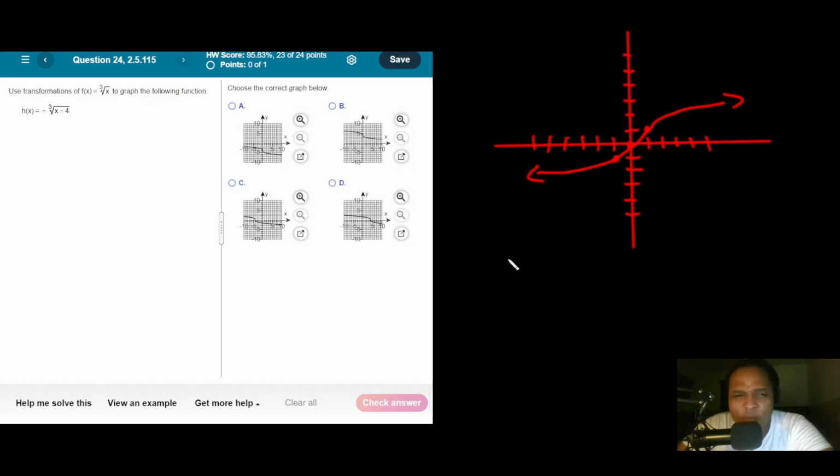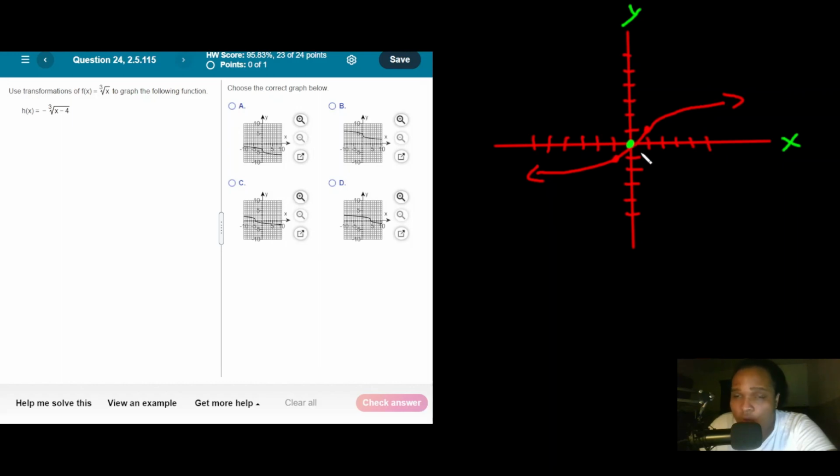Now what? We're going to reflect across the x-axis because we have a negative outside on the y, and we're going to shift to the right 4 units. So reflections first, and then we shift. So how do we reflect this across the x-axis? Well, here's the x-axis. If it's right here at the origin, it stays at the origin, okay?